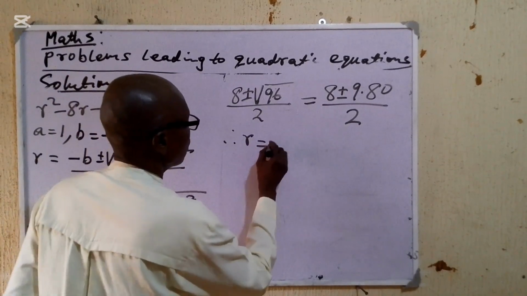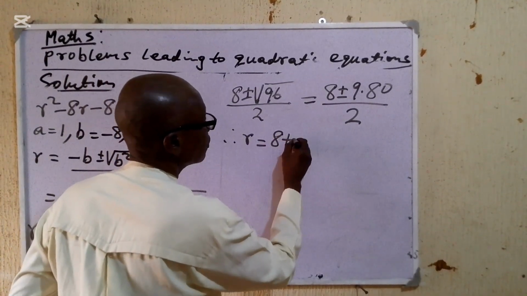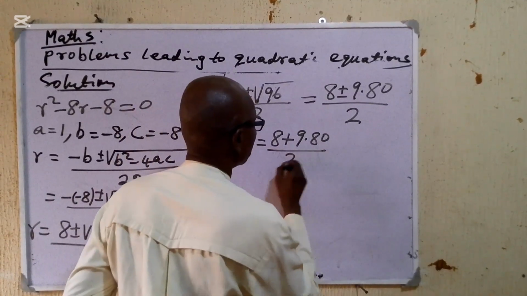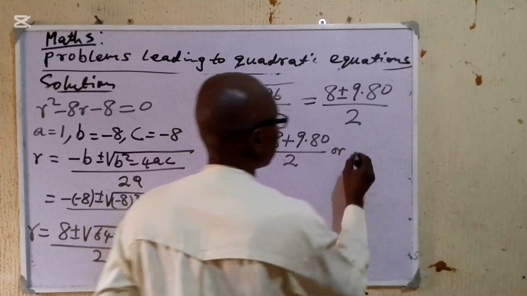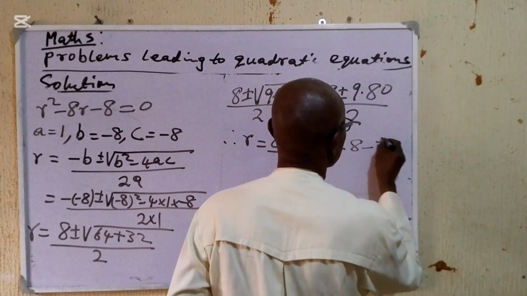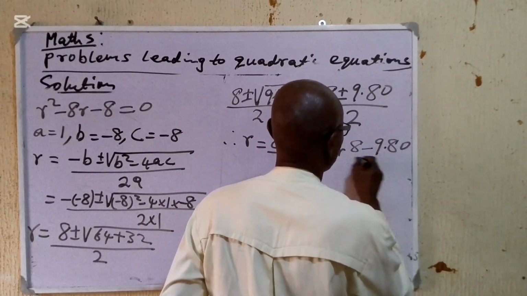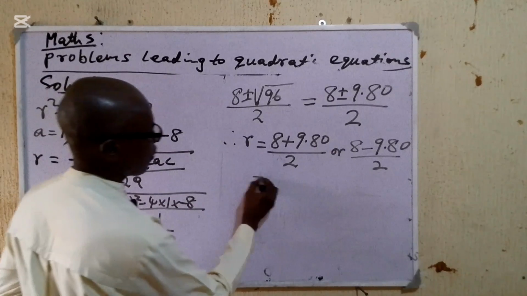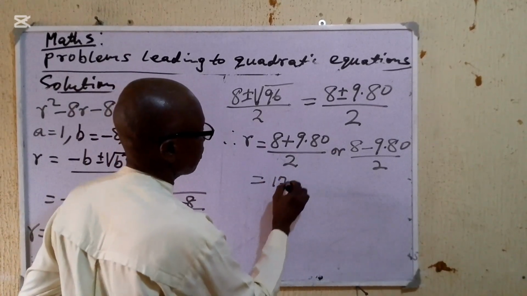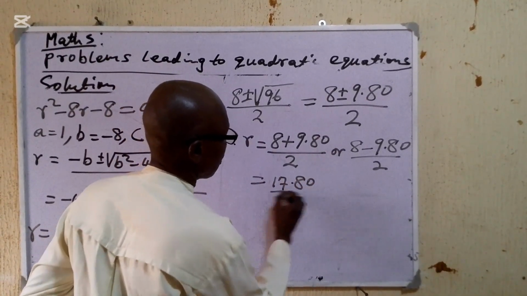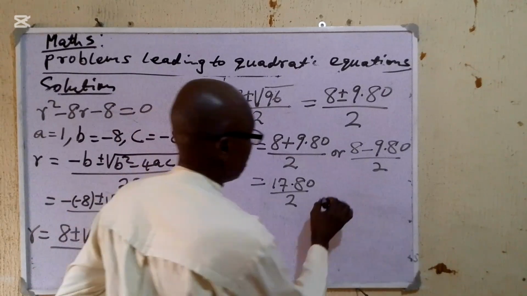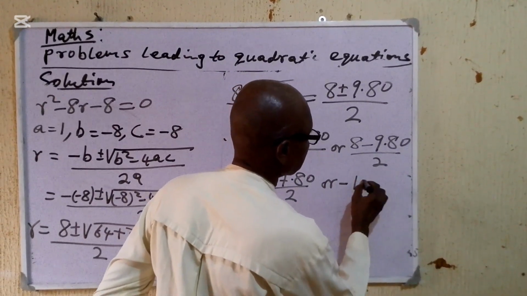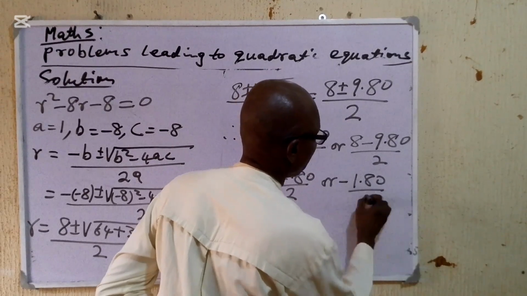Therefore, our r should be equal to 8 plus 9.80 all over 2, or 8 minus 9.80 all over 2. If you go further, that will give us 17.80 all over 2, or minus 1.80 all over 2.